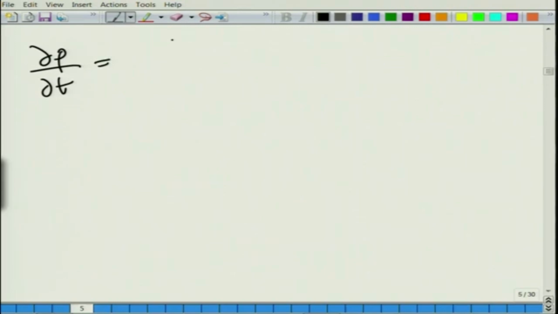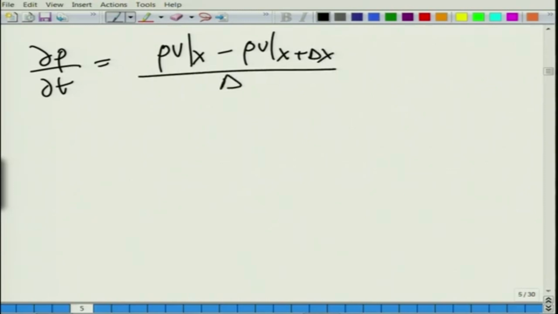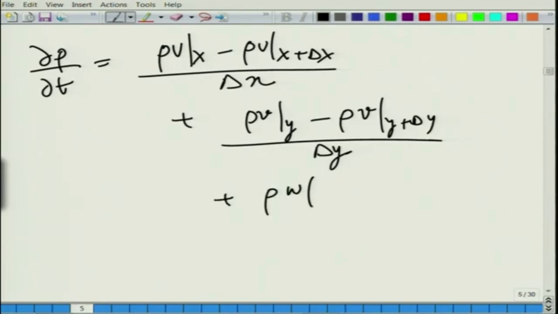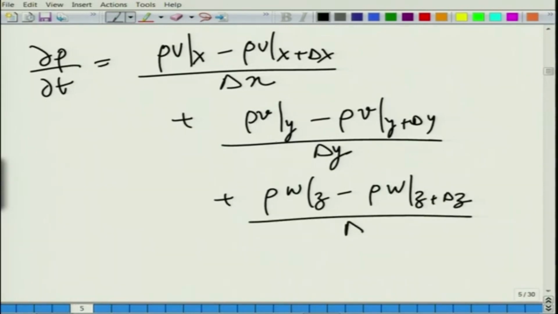In the first term, delta y and delta z will cancel, and we will get rho u at x minus rho u at x plus delta x, divided by delta x, and plus rho v at y minus rho v at y plus delta y, divided by delta y, and rho w at z minus rho w at z plus delta z, divided by delta z. We get this.